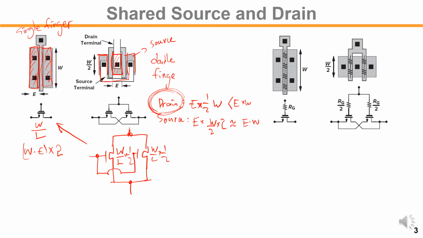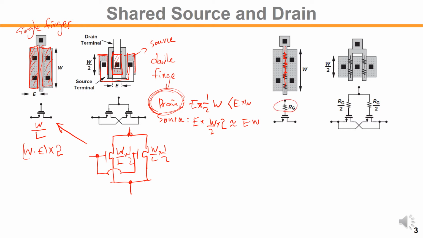And also having multiple fingers has another benefit. For example, the poly gate has a finite resistance like this. In high frequency, this resistance will slow down and reduce your bandwidth through this gate resistance and also CGS.